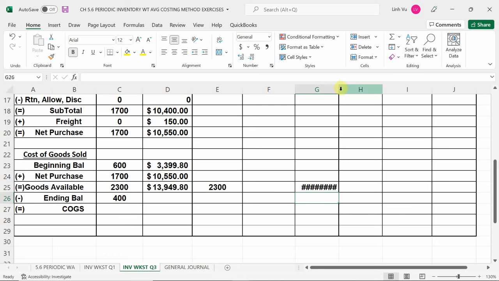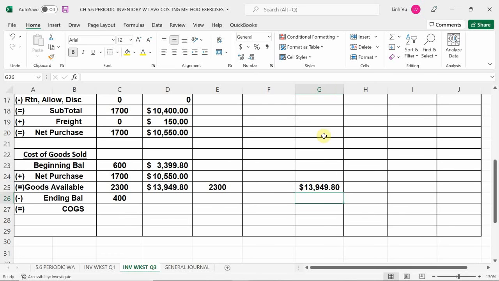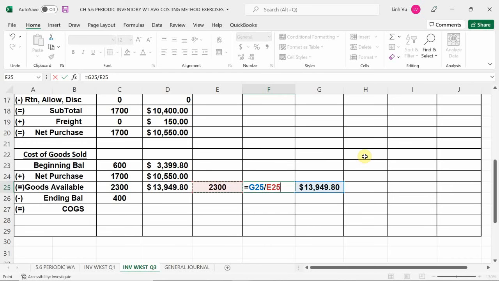Okay? So then let's go ahead and solve for my average cost per item. I'm going to take my $13,949.80 and divide it by my 2,300. What is my average cost per item?